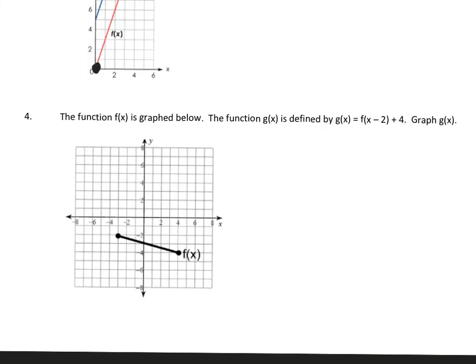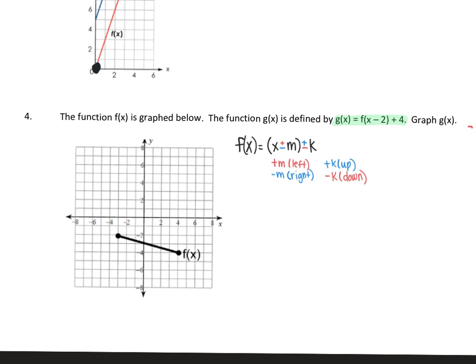Okay, the function f of x is graphed below. The function g of x is defined by g of x equals f of x minus 2 plus 4. So let's figure out what the translation is. Okay, so let's look at our function here, and I also have these little notes below. So you're going to tell me what happens.